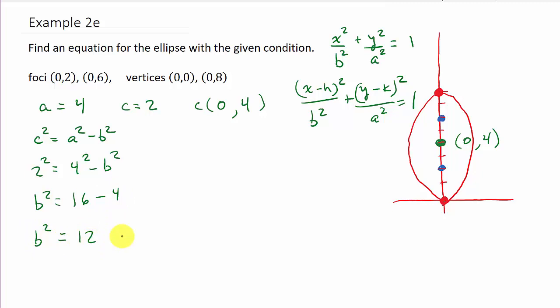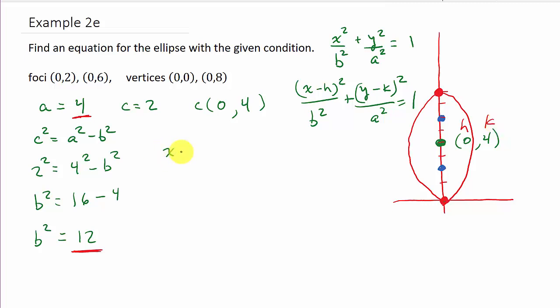And so now I can write down my equation. There's a, there's b squared, here's h, and here's k. So let's plug all this in.